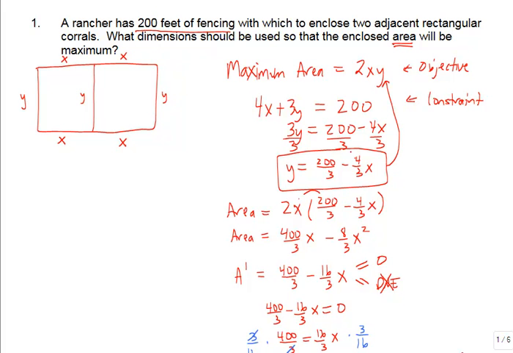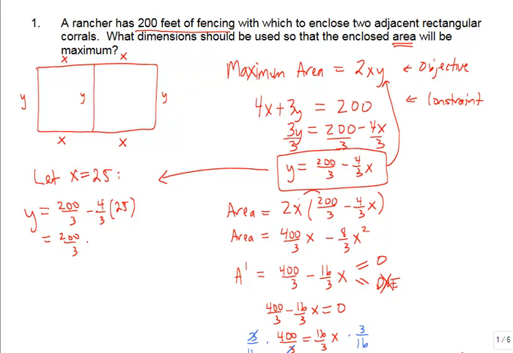So that's where this box comes into play. Once you've found out what x is, and we found out that x was 25, we can go right over here and let x equal 25 in this expression. So y becomes 200 over 3 minus 4/3 times 25, which is 200 thirds minus 100 thirds, which is 100 thirds.